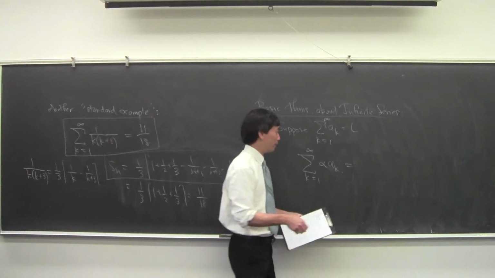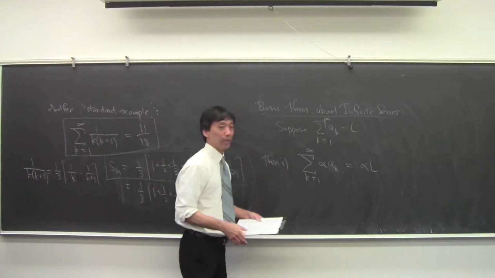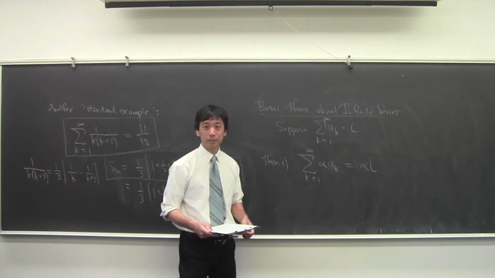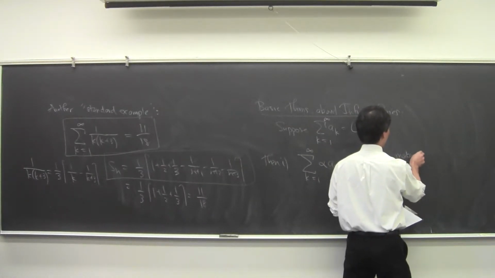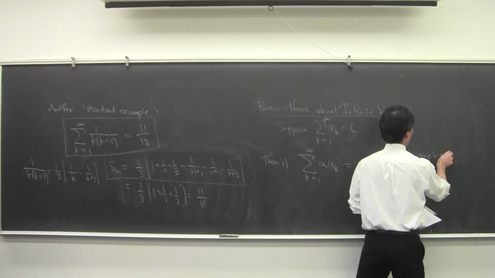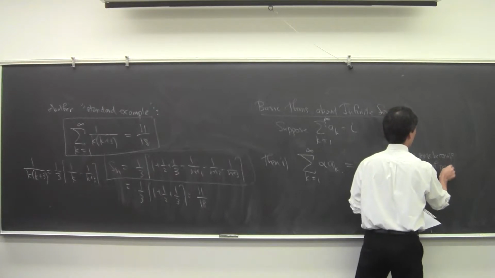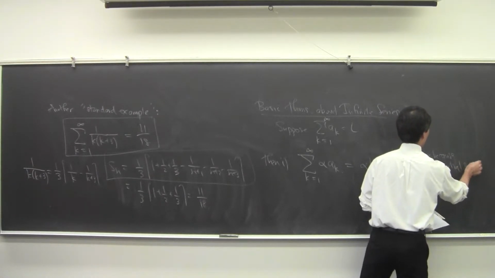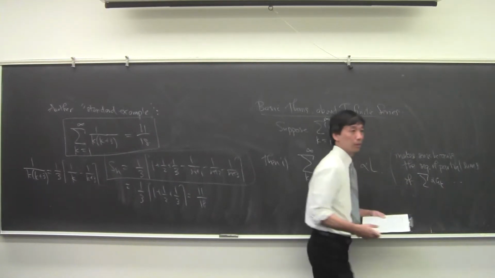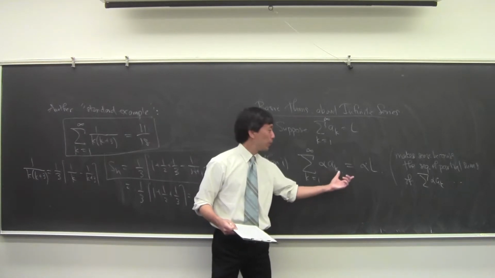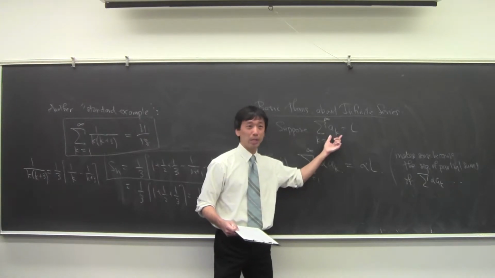Alpha L. Which makes sense because the sequence of partial sums of the new guy is just the old sequence times alpha.